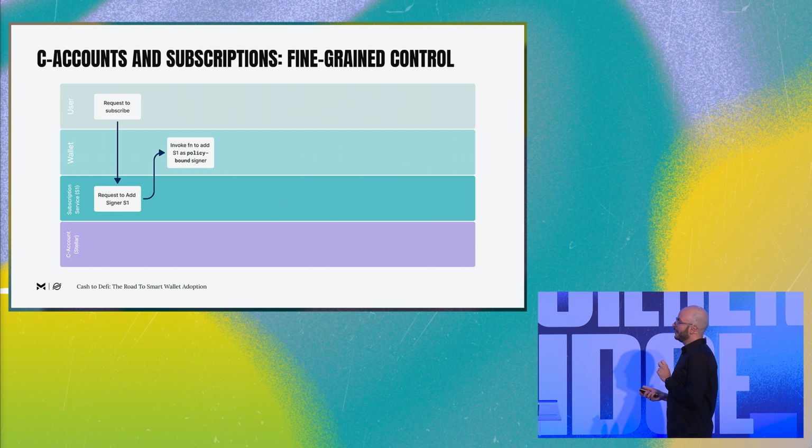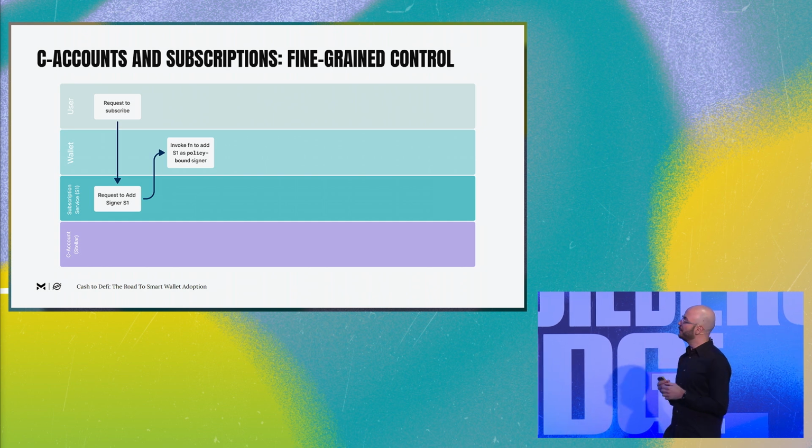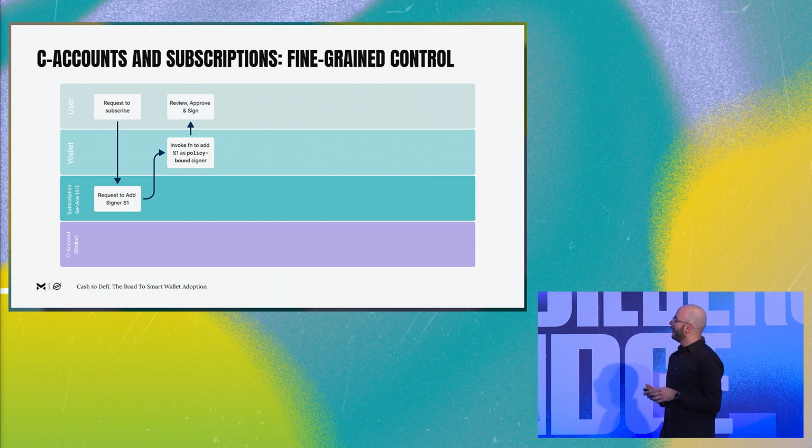With the difference being that the wallet, instead of adding this signer as a full signer over the account, actually invokes this function to add S1 as a policy-bound signer, which means this is a signer that can do very specific things with your account and nothing else, if everything is coded right.